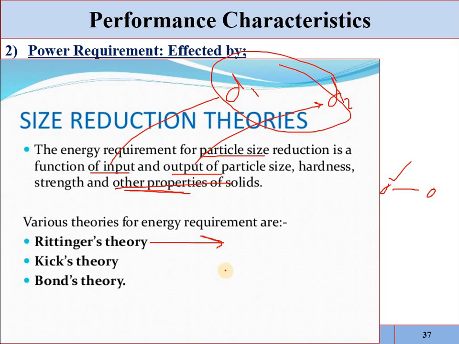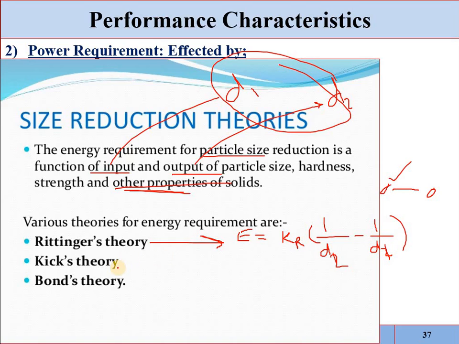Numerically, the energy requirement by Rittinger theory is equal to the Rittinger constant multiplied by 1 divided by d2 minus 1 divided by d1, where d1 is the size before the reduction and d2 is the size after reduction.